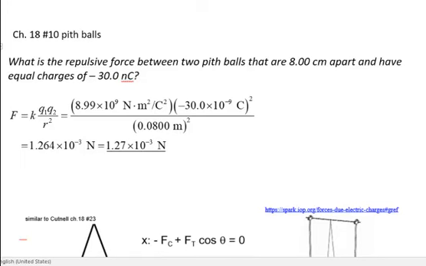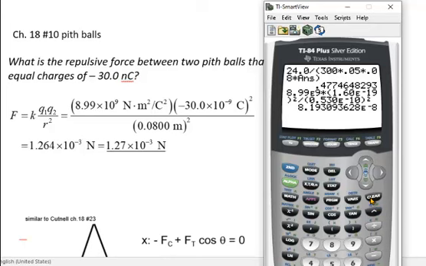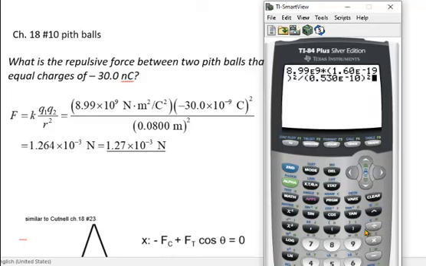Anyway, here's the calculation again, Coulomb's law. I already have the Coulomb's law, so I don't need to retype the Coulomb constant. The charge is 30 times 10 to the negative 9 in this case, divided by the distance squared, and these are much further apart, so this one is 0.0800.